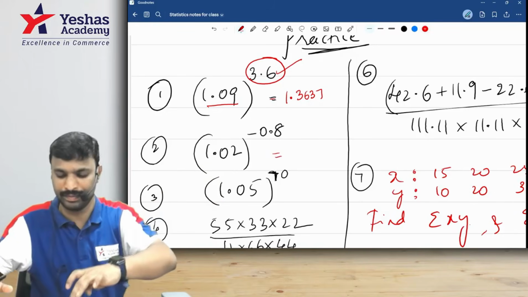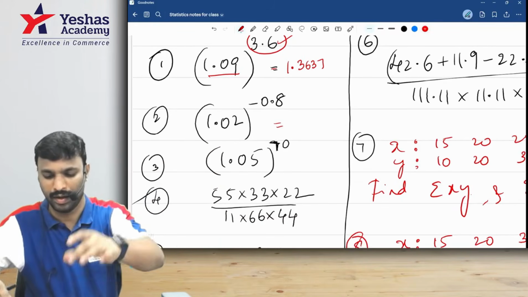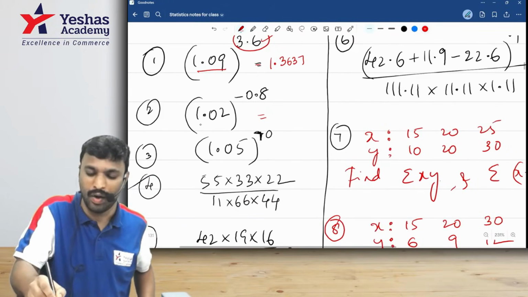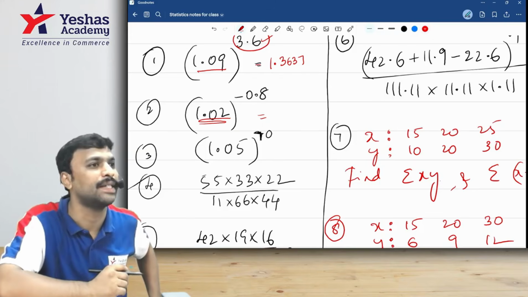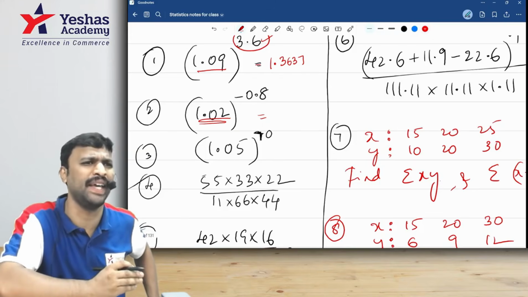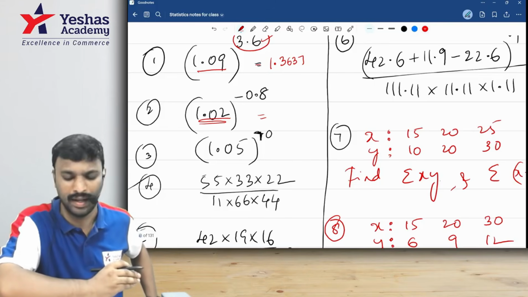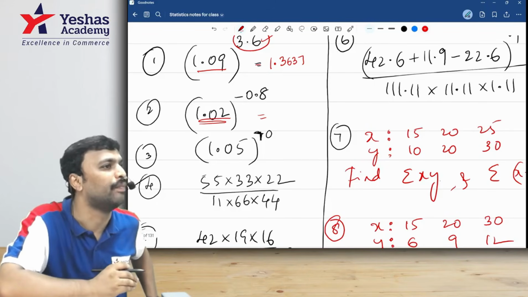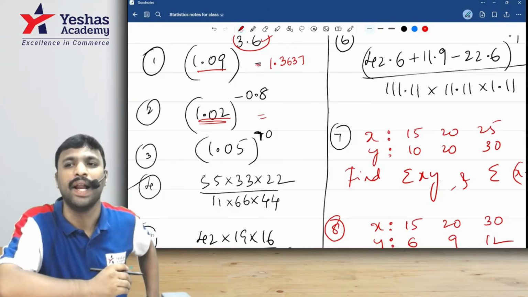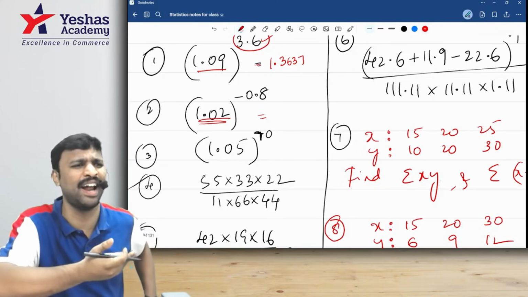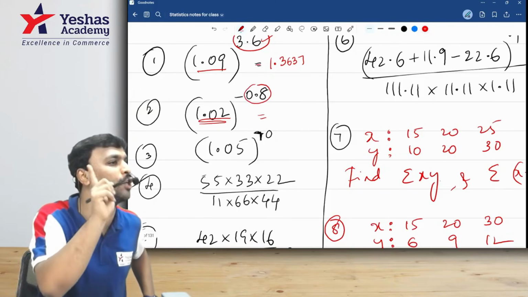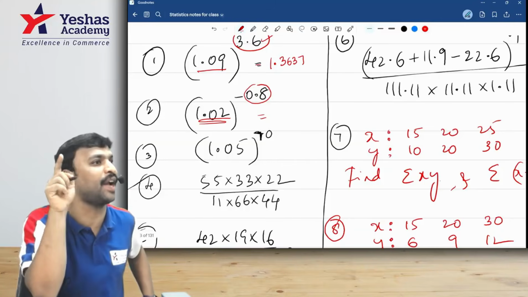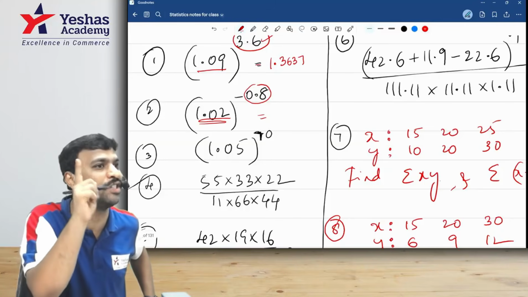Quickly do the second one. Type 1.02. Root how many times? 12 times. Please do it with me. Next, what you will do? Minus 1. Speed up, take the calculator out fast. Into 0.8 first. Don't do into minus 0.8.